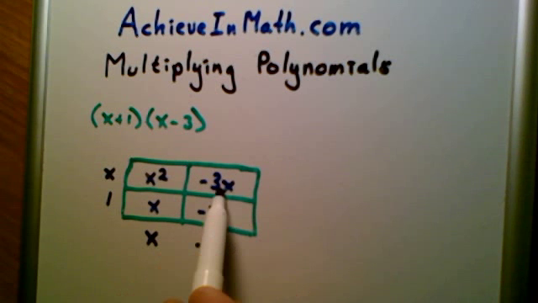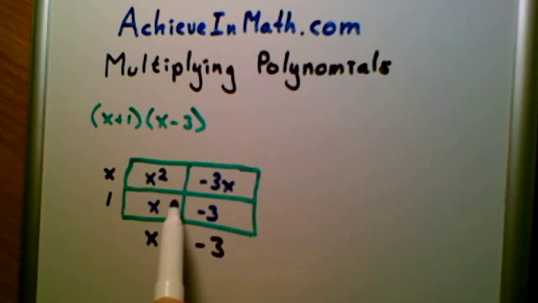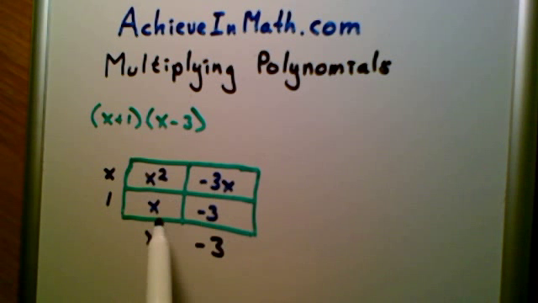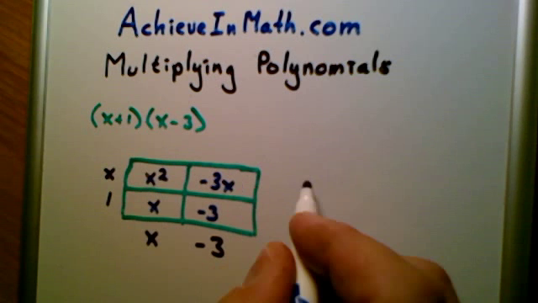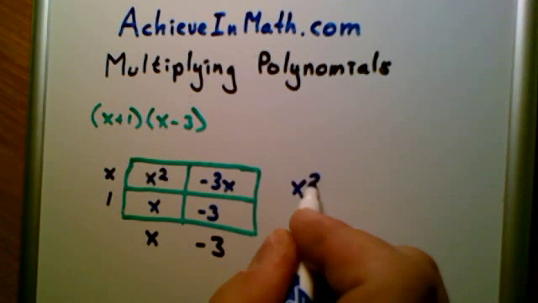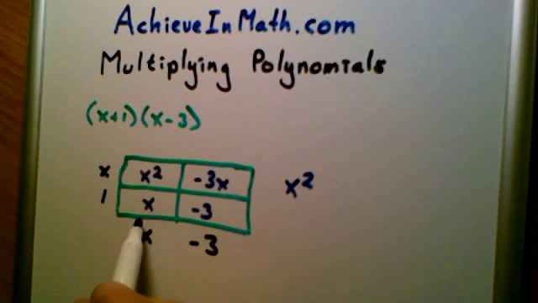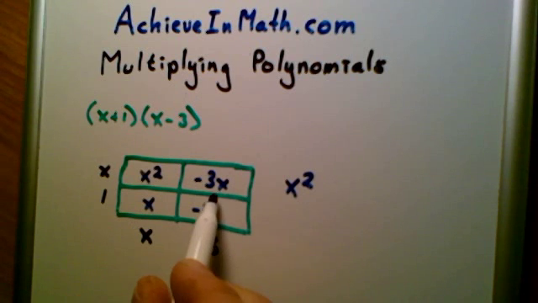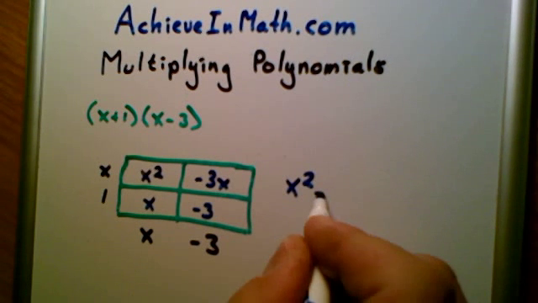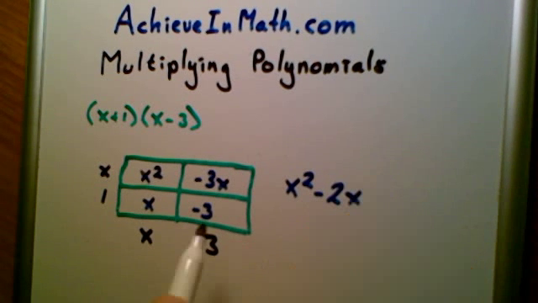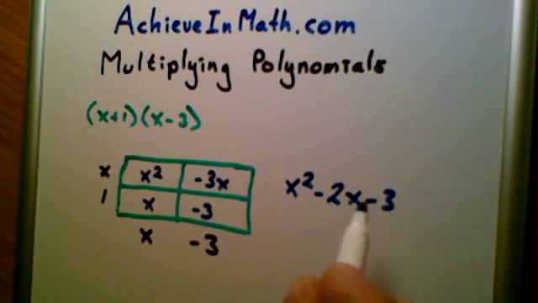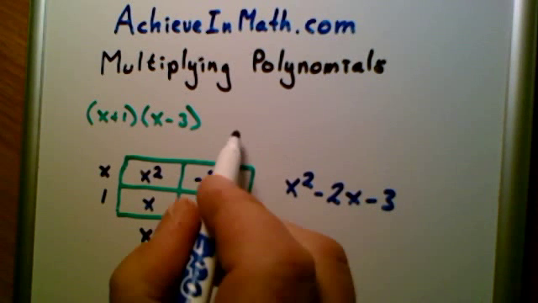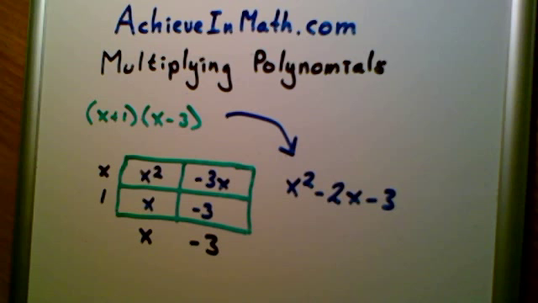Now often we can combine these two terms right here, especially in simple binomials. So what we're left with is an x squared, we have an x and a negative 3x, which gives us a negative 2x. We're combining those, and then we have a whole number negative 3. So the answer of multiplying this is x squared minus 2x minus 3.